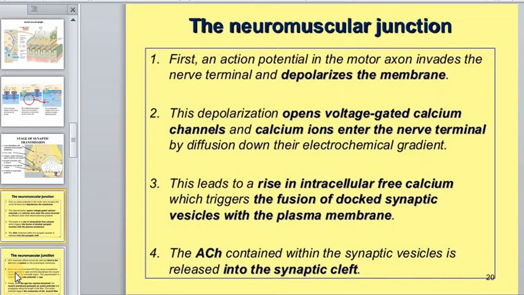This leads to a rise in intracellular free calcium, which triggers the fusion of docked synaptic vesicles with the plasma membrane, and acetylcholine contained within the synaptic vesicles is released into the synaptic cleft.